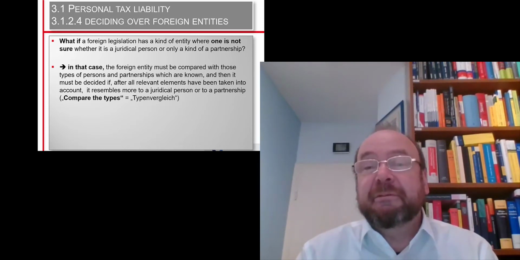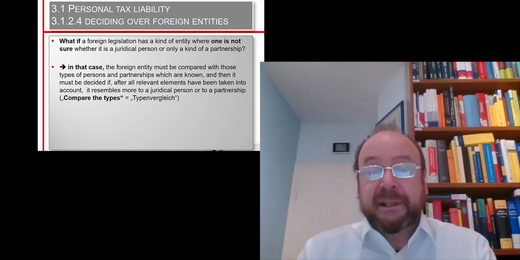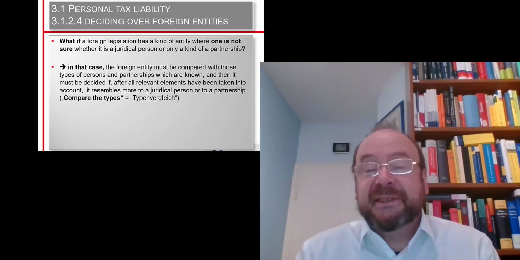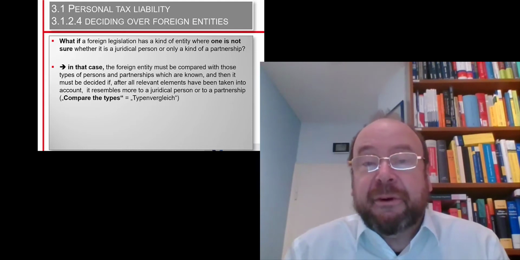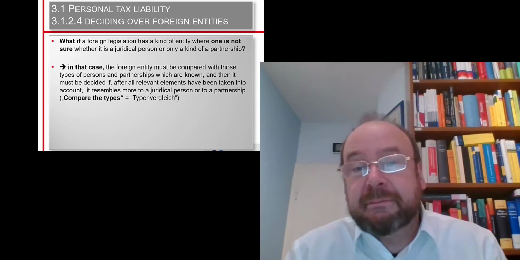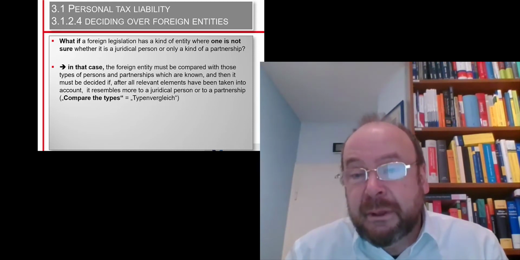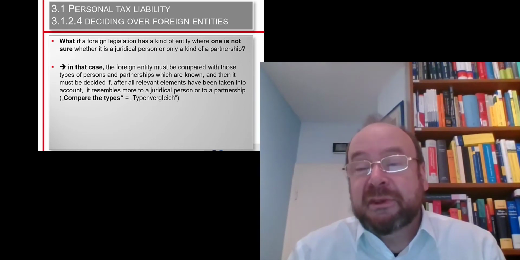So there might even be entities where the rules are a kind of mixture. And so in the end, you would have to decide under which category the foreign entity can be categorized the best, so to which type it resembles the most.